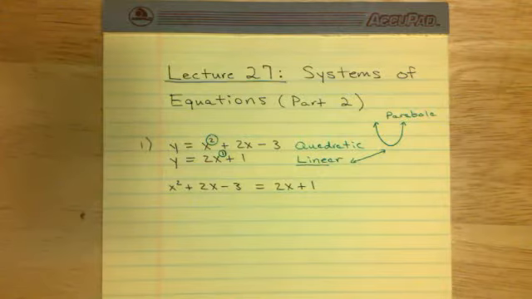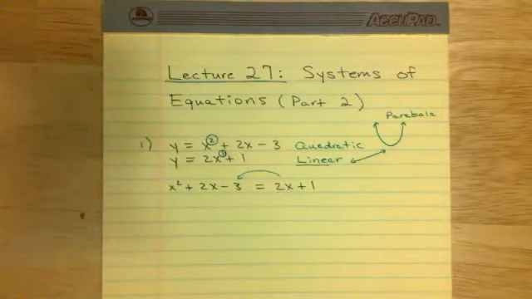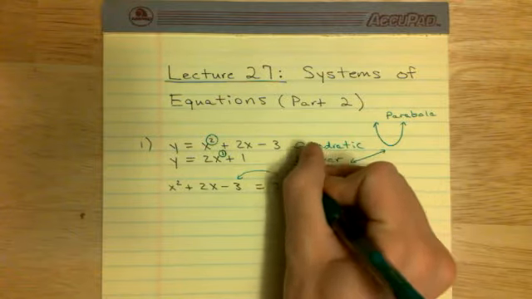What I want to do next is I want to get everything to the left side. So this 2x right here, I want to take that to the left side, and the positive 1, I also want to get that to the other side.